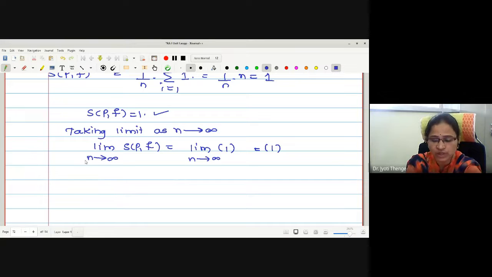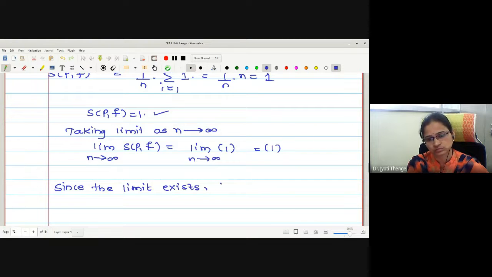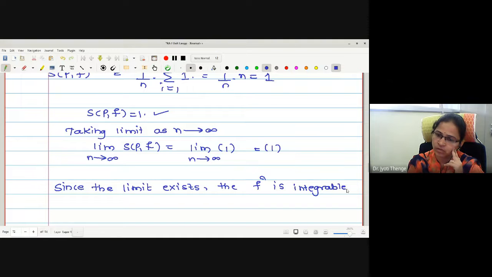What we have proved, limit of this given function exists. Therefore, the function is integrable. What is the integral value? 1. Therefore, integral from minus 1 to 1 of mod x dx is equal to 1.